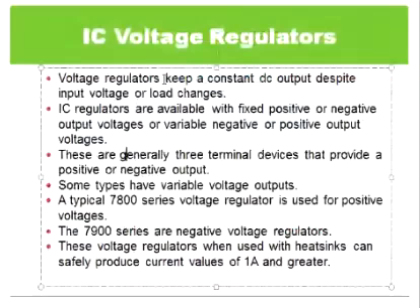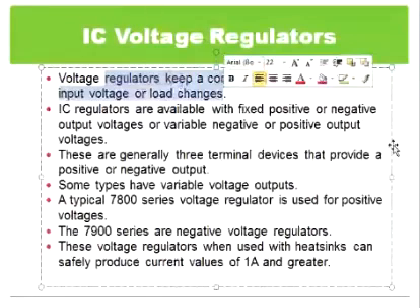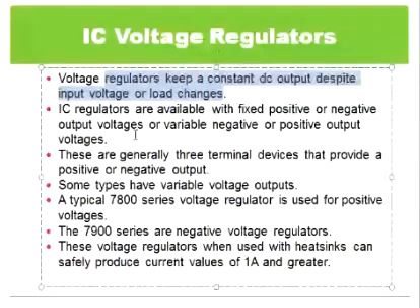The function of a voltage regulator is to keep the DC output voltage at a certain value, some predetermined value. If we want a 5 volt regulation, we have to use an IC called IC 7805. These are available at fixed positive or negative values. In your syllabus you will have these two ICs. One is the 78 series and the other is the 79 series.